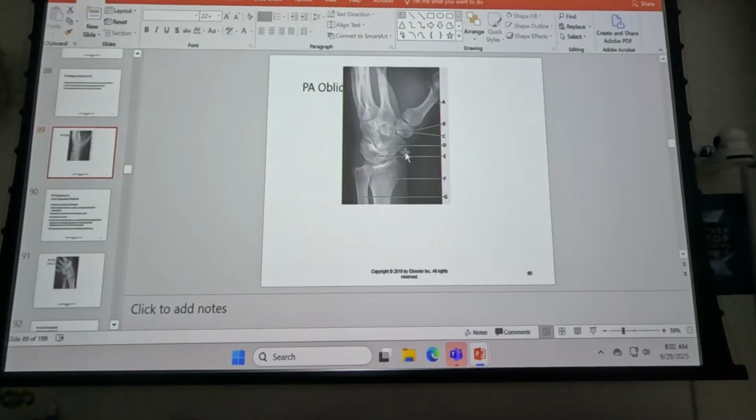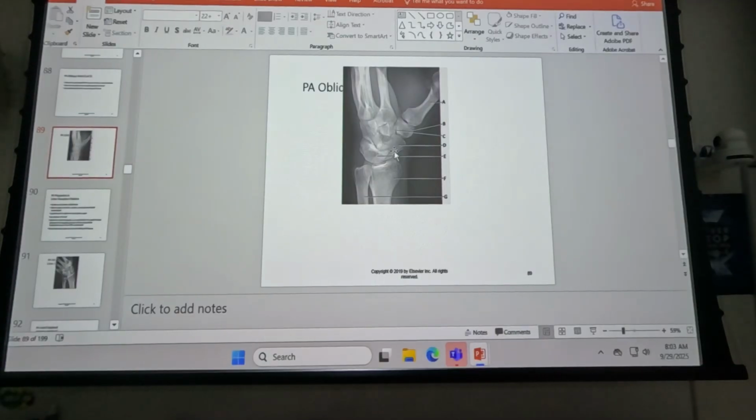So what we see on the oblique of the wrist is we take the scaphoid and put it a little bit more parallel to the image receptor, so that if you have a fracture in the distal portion, the waist, as they refer to it, of the scaphoid, which in its natural lay we might not be able to see very well, the oblique shows it a little bit better.